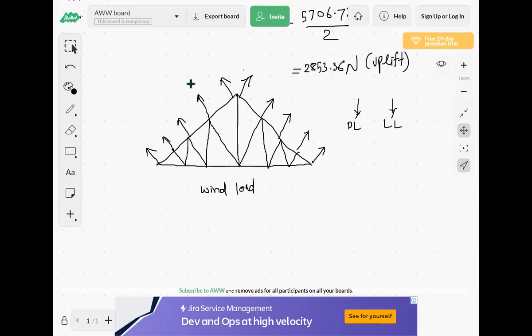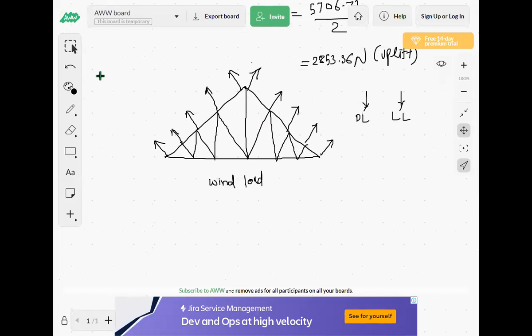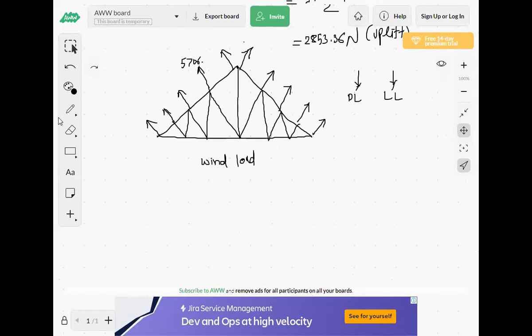Now we have to write that the load on the intermediate panel point is 5706.72 Newton, and this is 2853.36 Newton.